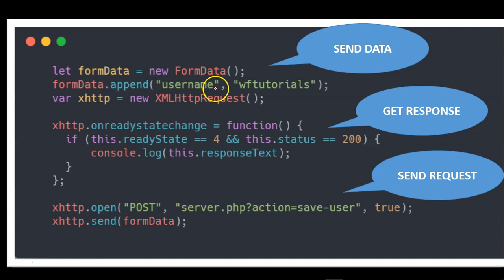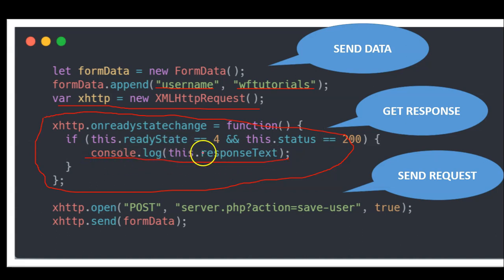We append our username here, and the value. We create a new object here, and this is where we get back the information. If it's ready and we get a correct response status, we could output this to the console.